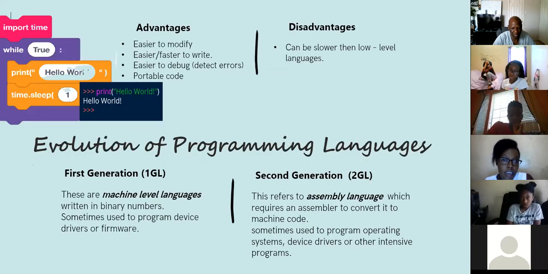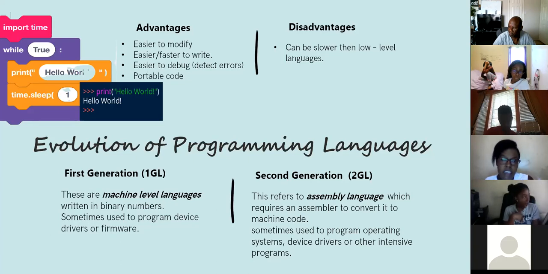An example is if you say, print hello world. That is English, and you actually understand what you're writing. But the computer cannot understand it, so it will take time to understand what you're actually telling it to do. So it will be a bit slower than the machine language.